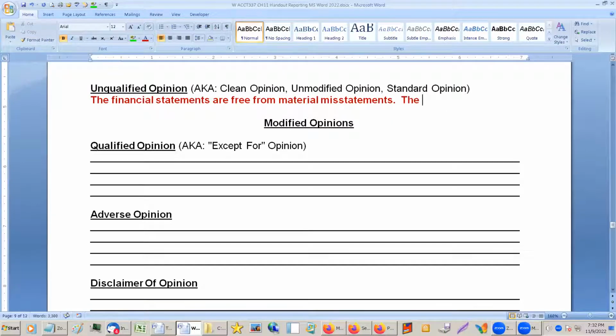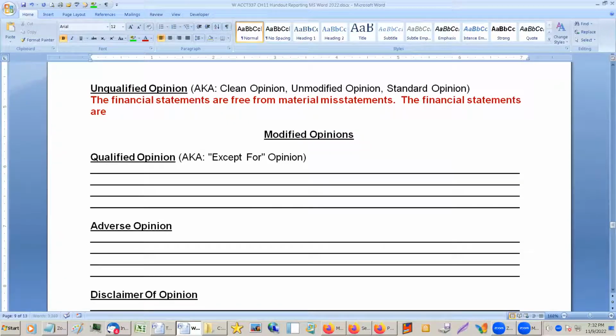Another way to say it is the financial statements are fairly represented. Financial statements can be relied upon. Okay, so we say they're free of material misstatements.